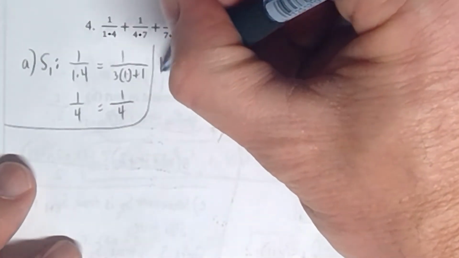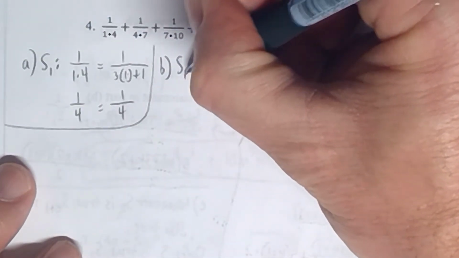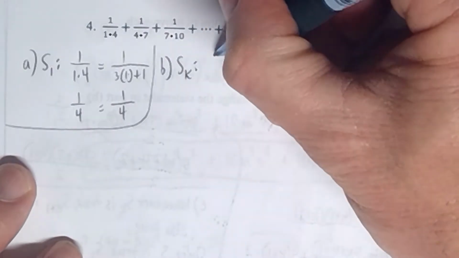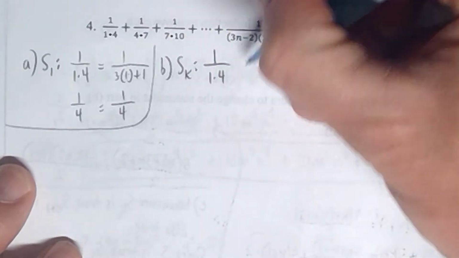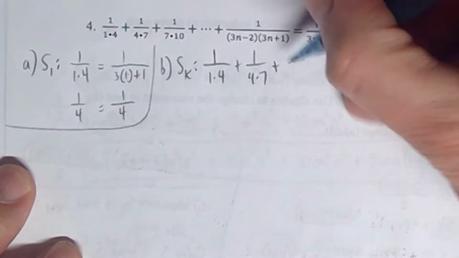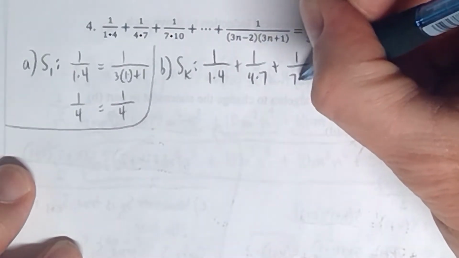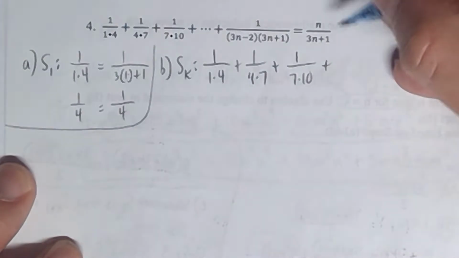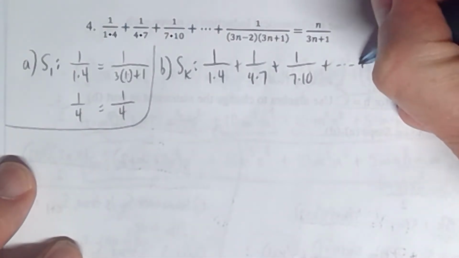Part B. Write out the SK statement. So let me go ahead and do that. Just plug in the K, that's all you got to do.